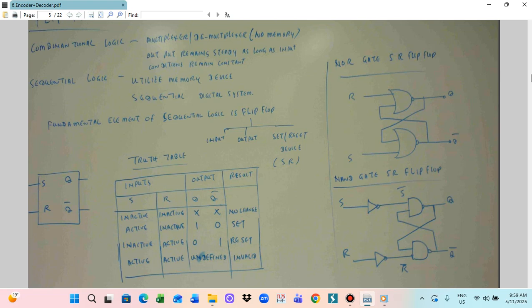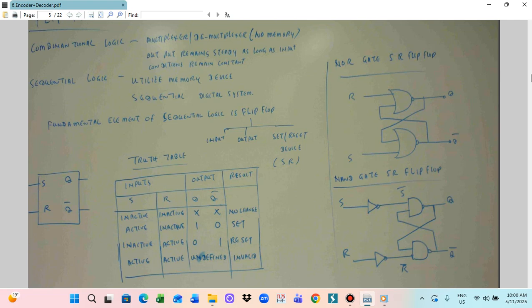Then S is active, R is inactive. So then Q will be 1, Q bar will be 0. So that condition will be the set condition. Then S is inactive and R is active.